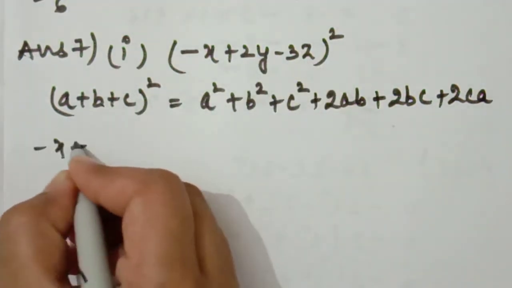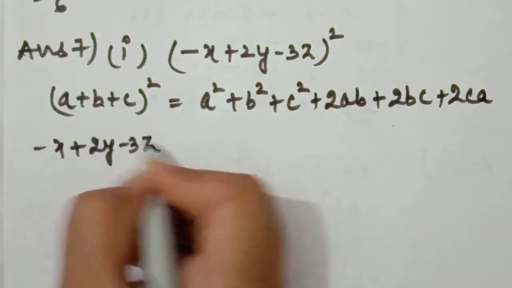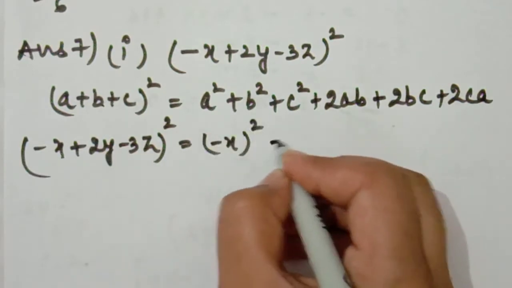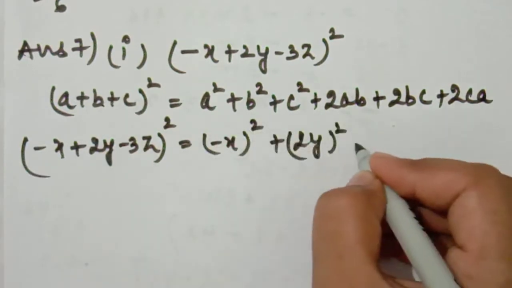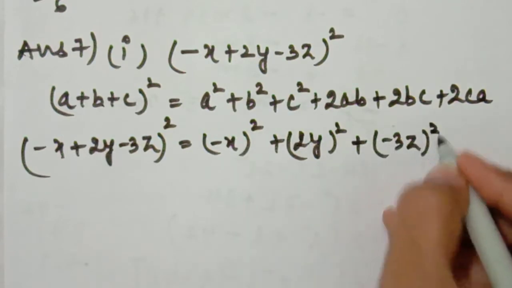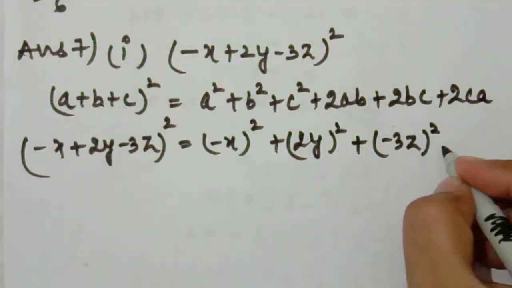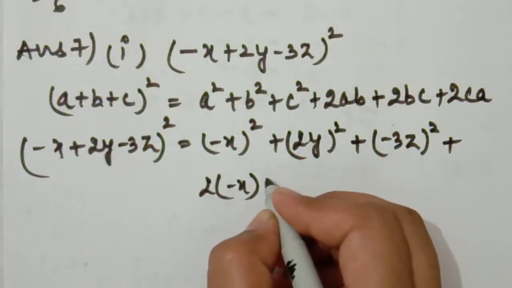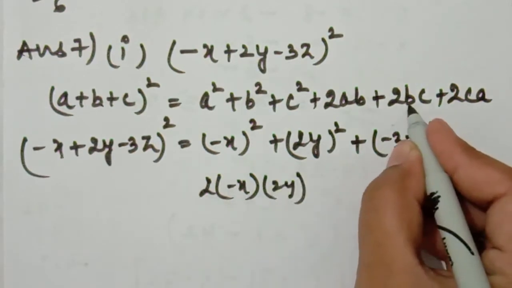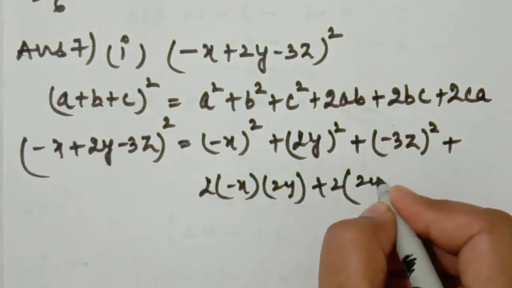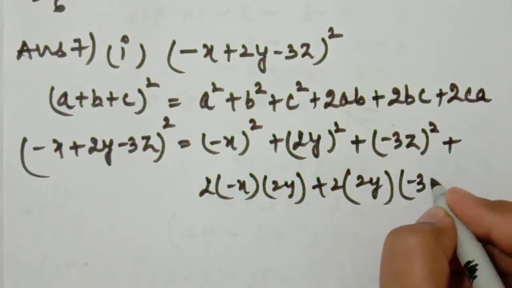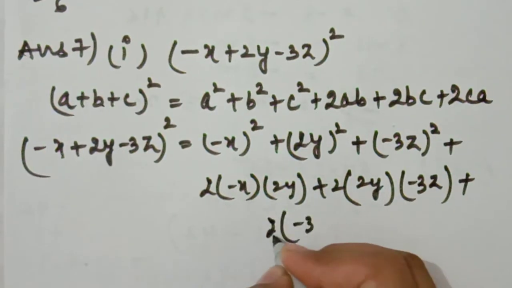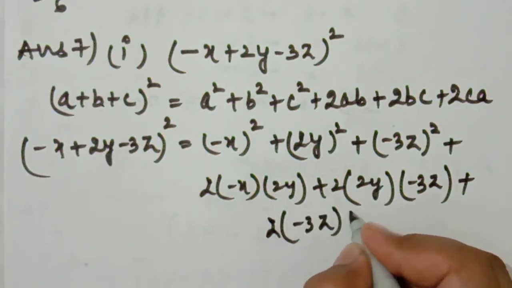So minus x plus 2y minus 3z whole square is, we put the values: minus x whole square, 2y whole square, c is minus 3z whole square. So now plus 2 into a is minus x, b is 2y. Now this term plus 2 into b and c. The value of c is this. Next term is 2ca. 2c is this and a is minus x.